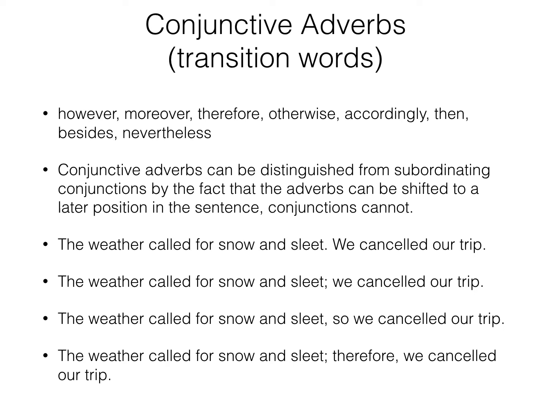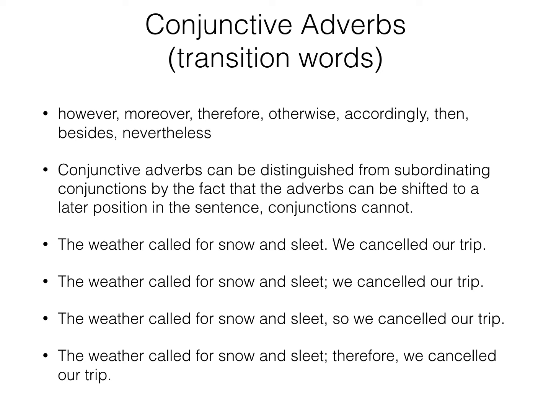So subordinating conjunctions such as "after" and "since" and "because," those are common subordinating conjunctions, and they can be a little confusing if you don't know what conjunctive adverbs are, because conjunctive adverbs kind of look similar to subordinating conjunctions.